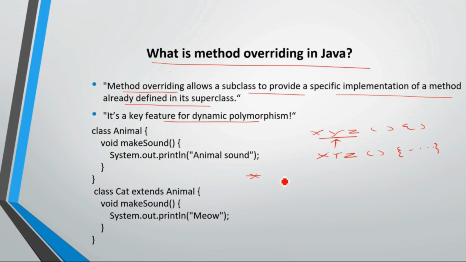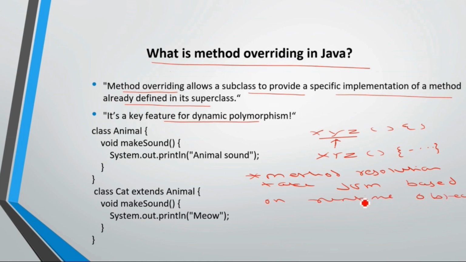In overriding, method resolution will always be taken care of by the JVM, based on the runtime object. That's why it is called dynamic polymorphism or late binding. So you need to remember this thing about overriding.